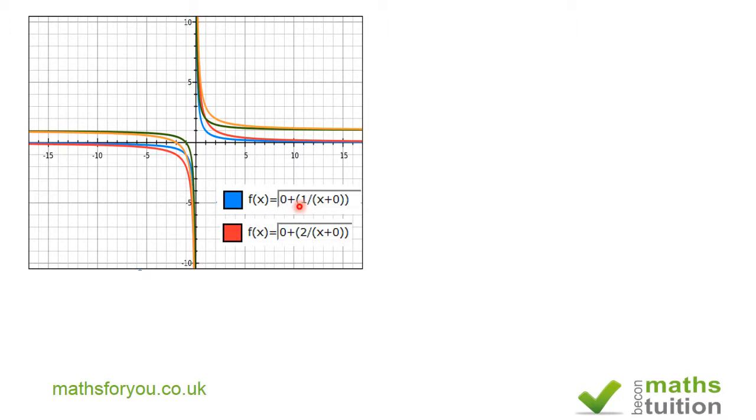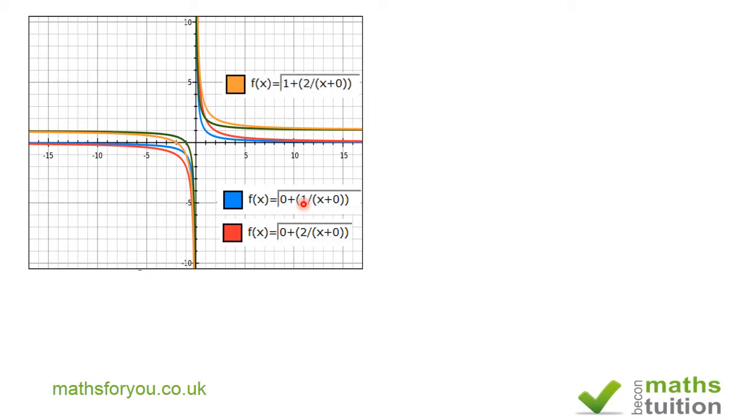That happens in both sets of the same graph. The blue graph approaches the asymptotes much earlier than the red graph, and this is because of the value of the numerators.